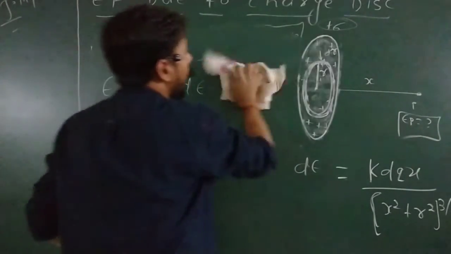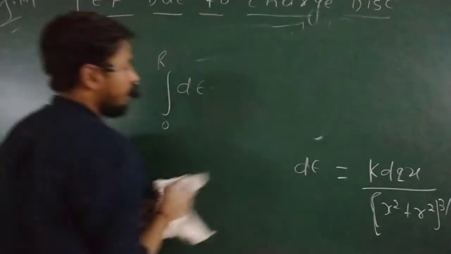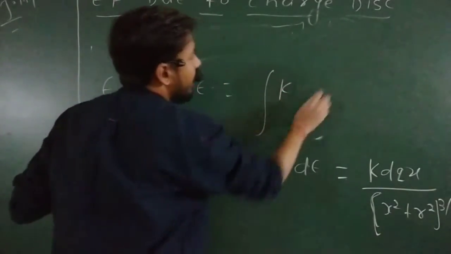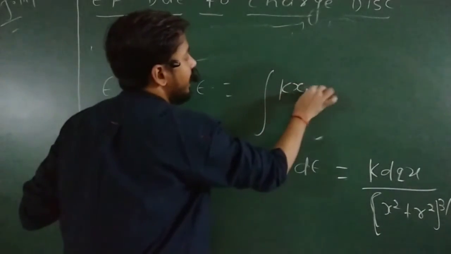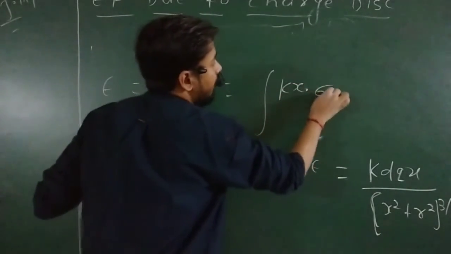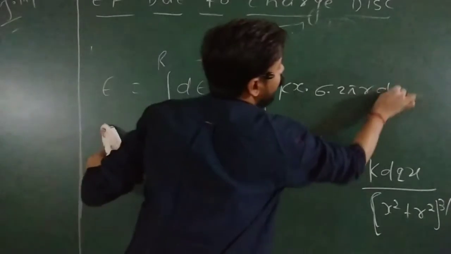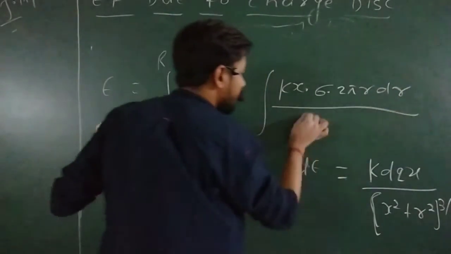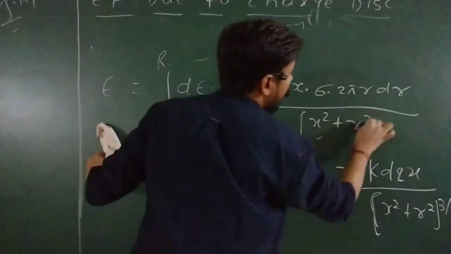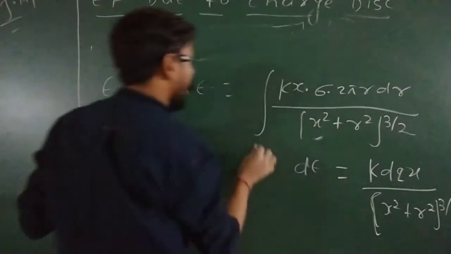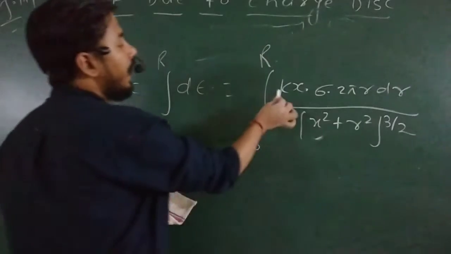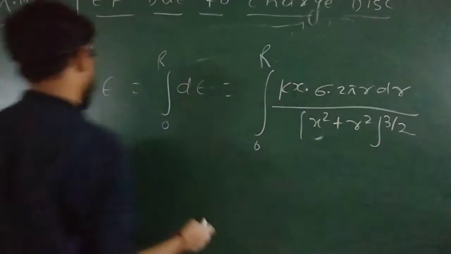Now put the value of the small dE from there. So this becomes k dq x, and dq we have already calculated: sigma into 2 pi r dr, divided by x square plus r square power 3 by 2, from 0 to capital R. So what can we take as constant? k, x, sigma, 2 pi are constant, so outside.